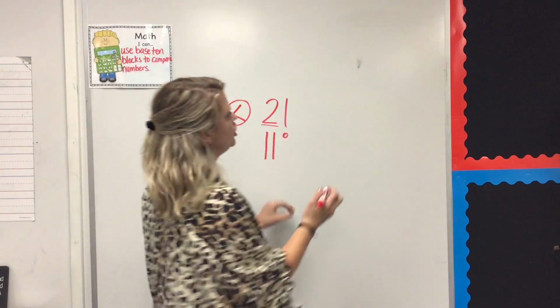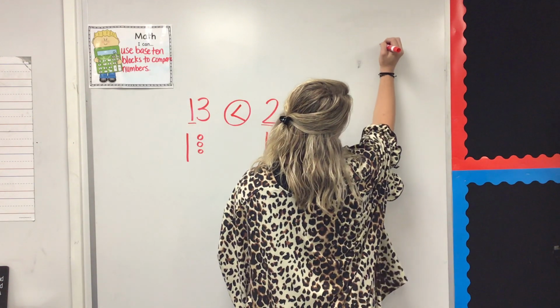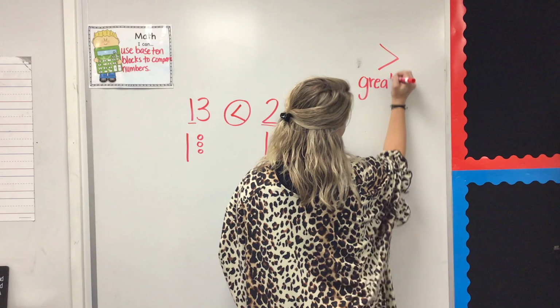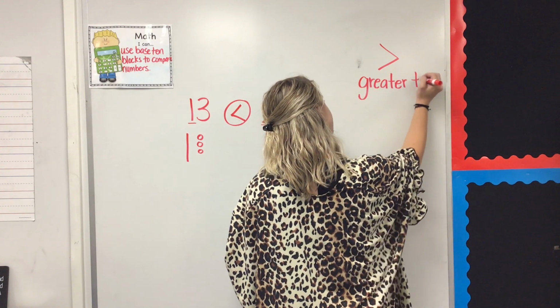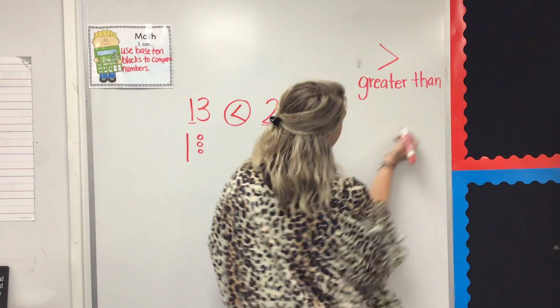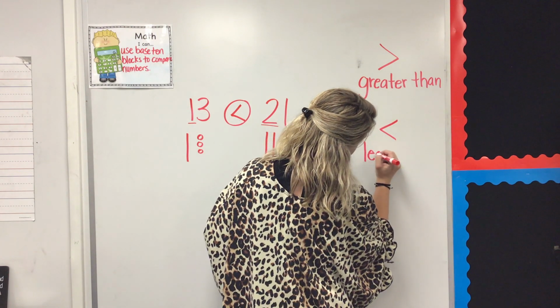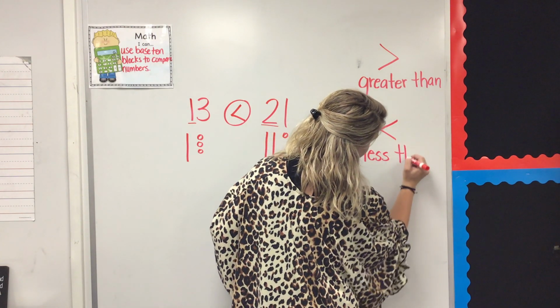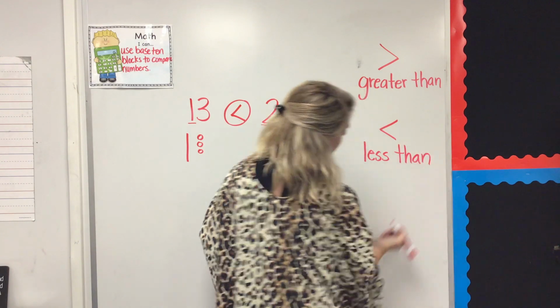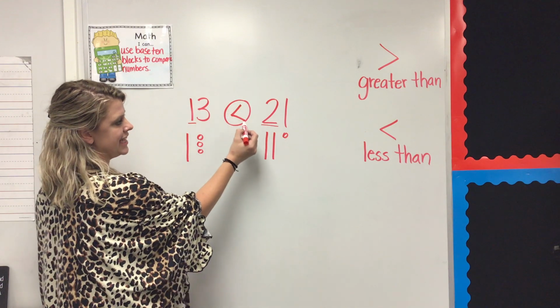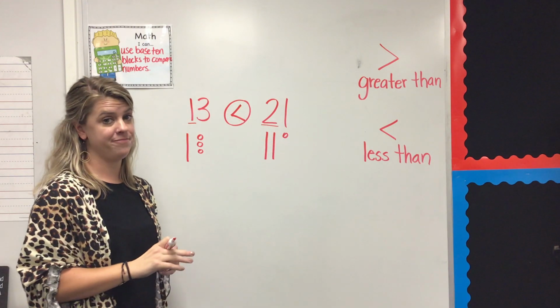So I'm going to write us a little cheat sheet over here, all right? This one means greater than, okay? And this one means less than, okay? So we read this as 13 is less than 21.